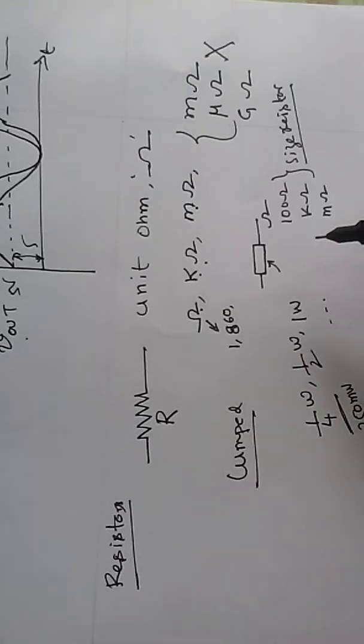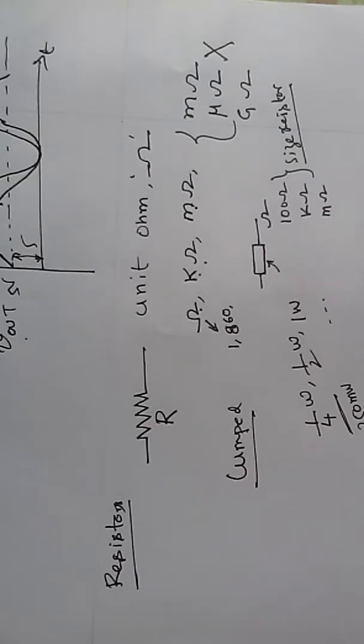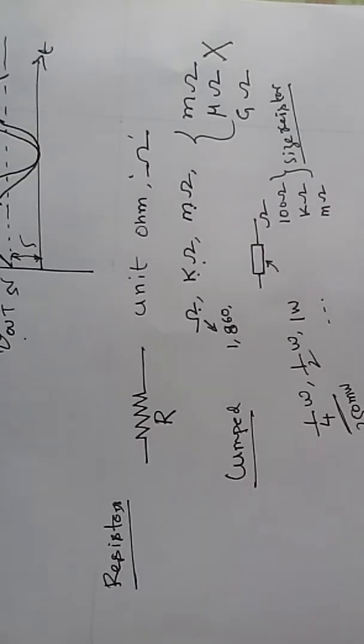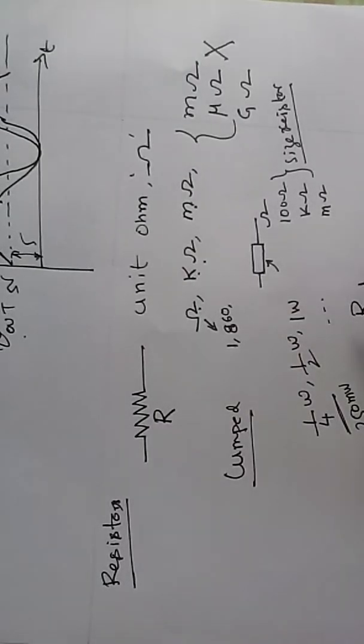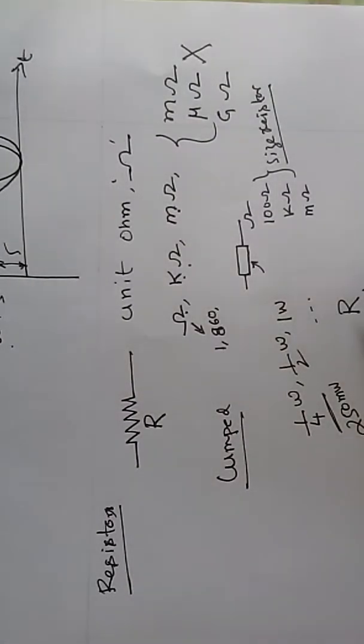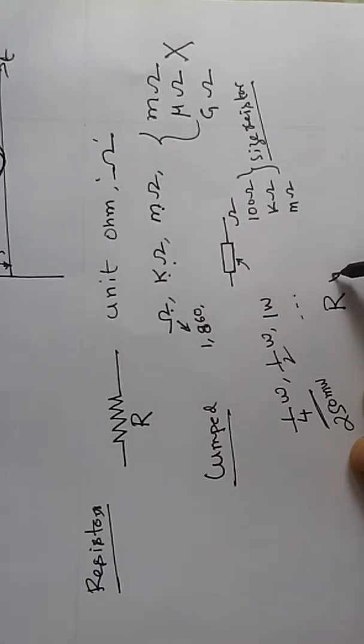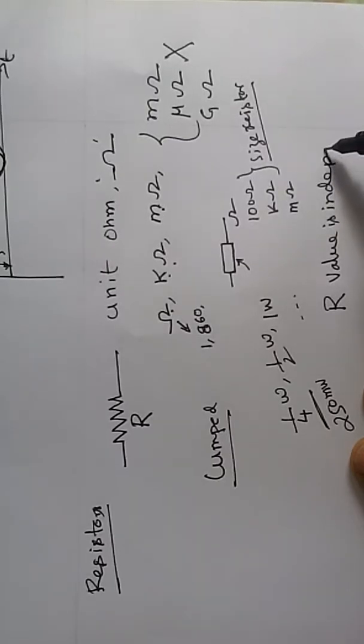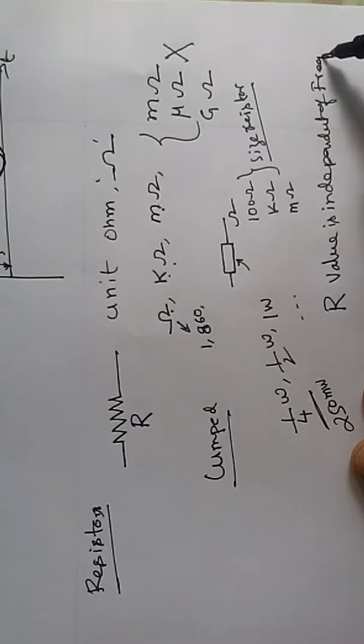One more important characteristic of a resistor is that the resistance value does not depend on the frequency of the signal. Whether it is 100 ohm, 200 ohm, 220 ohm, whatever the value, R is independent of the frequency of the signal.